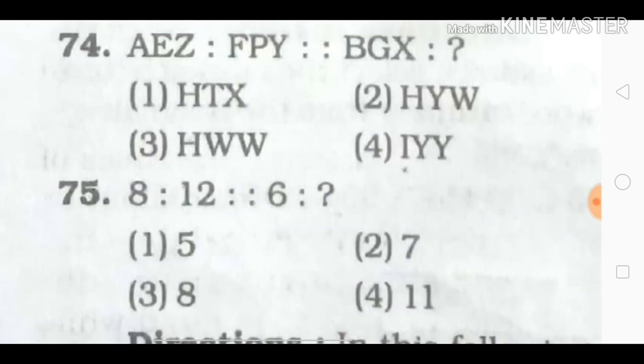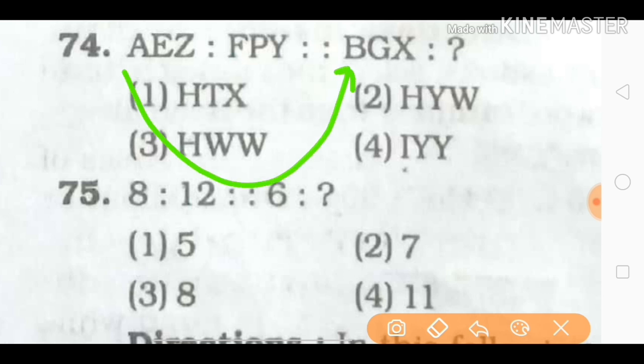The next question is what? AEZ, FPY, BGX, and the next one should be what? Here is very easy, actually. A to B plus 1, right?